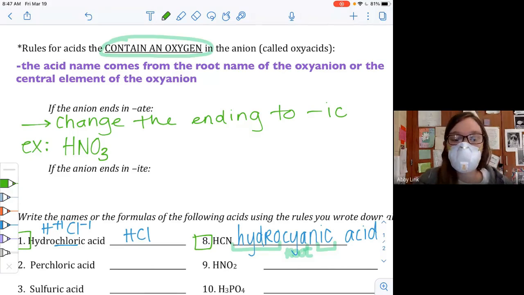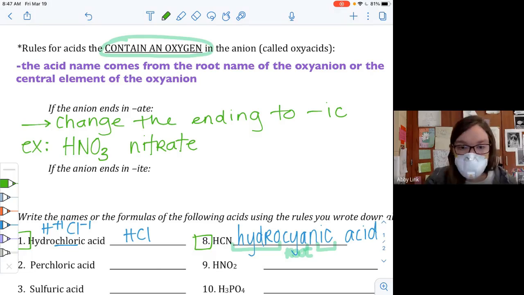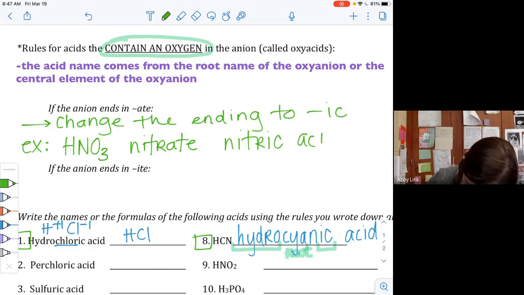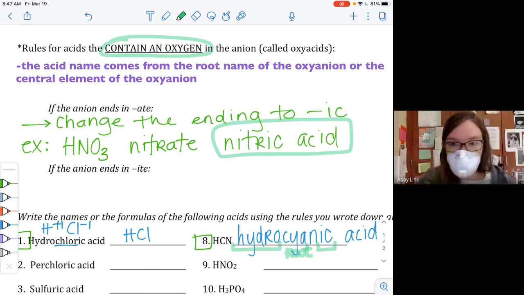The next thing I'm going to do is figure out what the name of that NO3 polyatomic ion is, and it is nitrate. It ends in ATE, so I am going to name this nitric acid. That's it. No prefix, no changing here. We're just going to change that ending to IC.